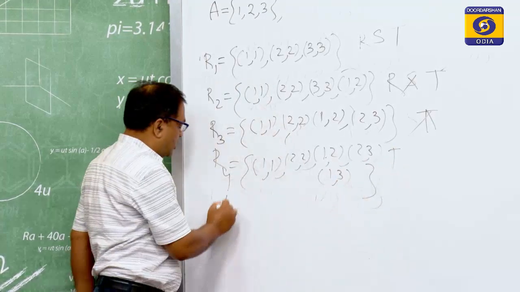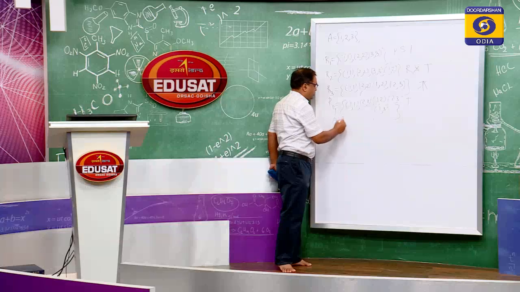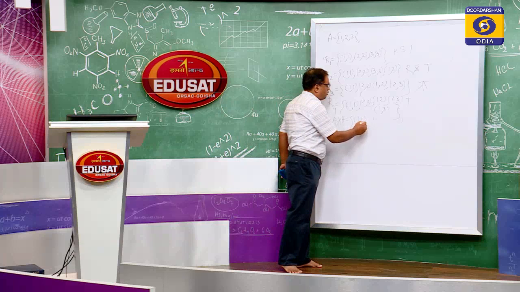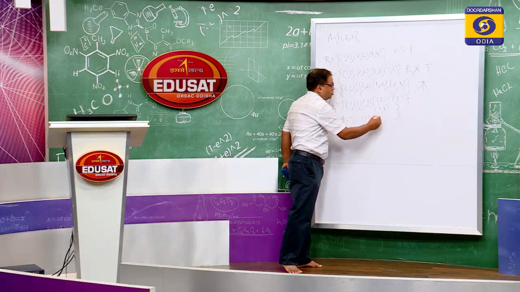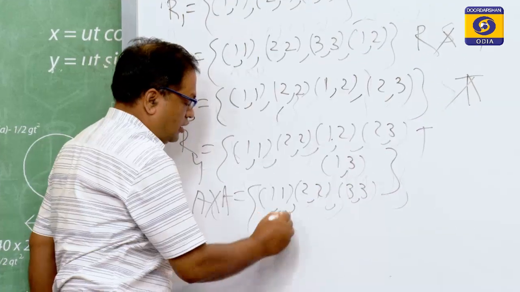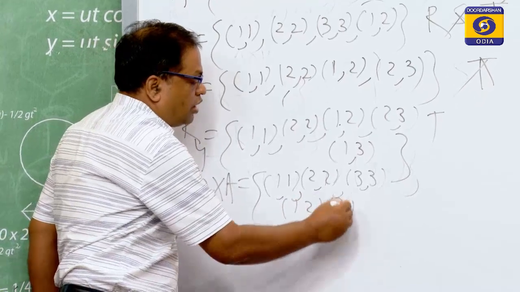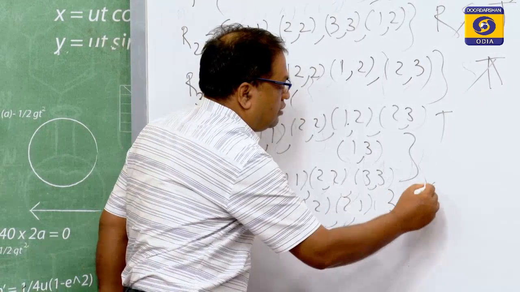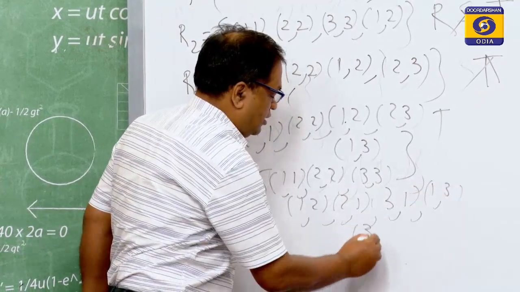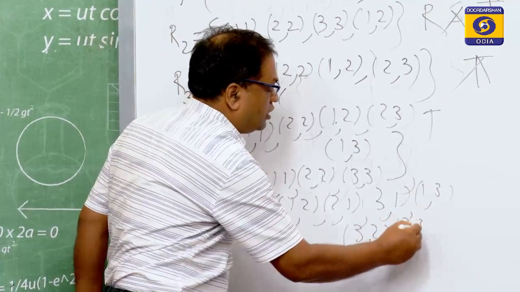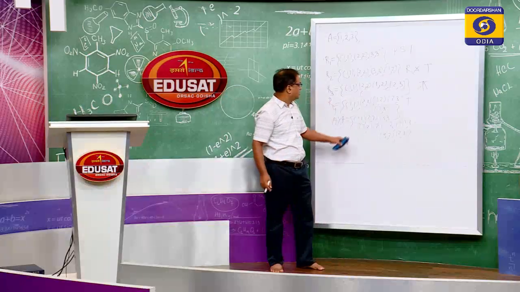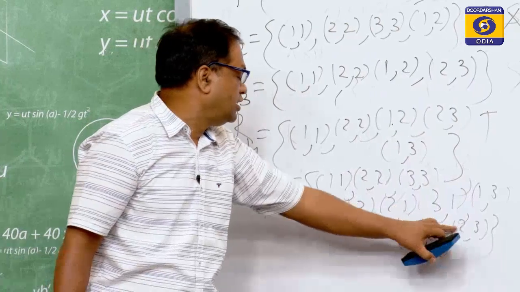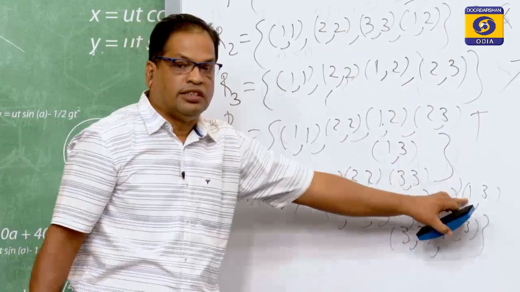Now, consider A cross A. So, what is A cross A? A cross A is (1,1), (2,2), (3,3), (1,2), (2,1), (3,1), (1,3), (3,2) and (2,3). Now, (1,2), (2,3) present, so there is also (1,3).